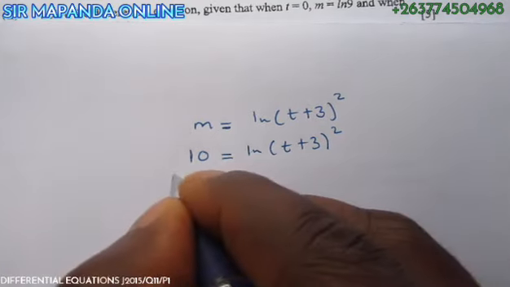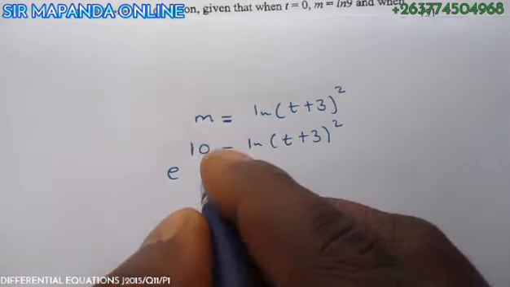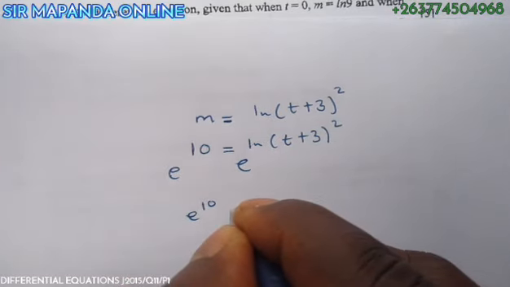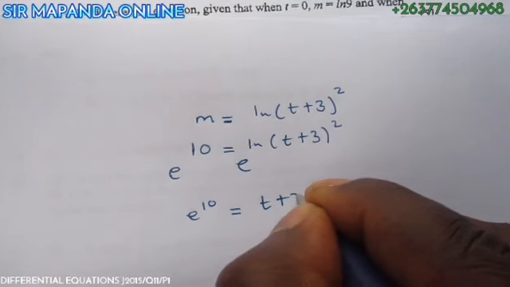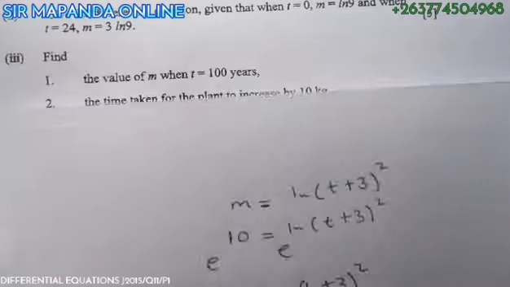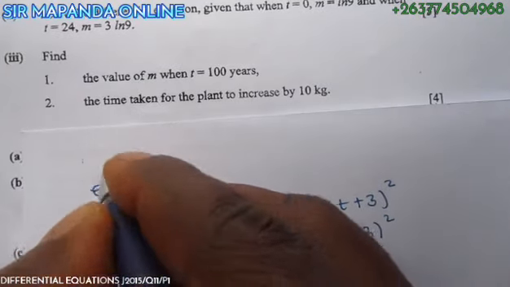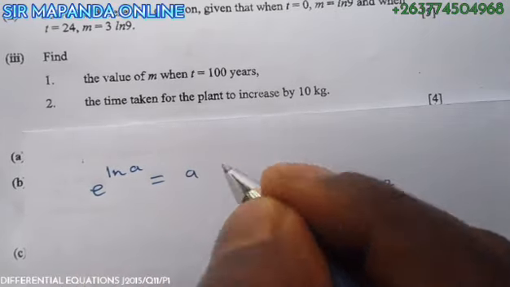Right, then you raise both sides, you create exponential on both sides. So e to the power of 10 equals (t plus 3) squared. I want you to understand something. If you have e to the power of ln a, your answer is a.